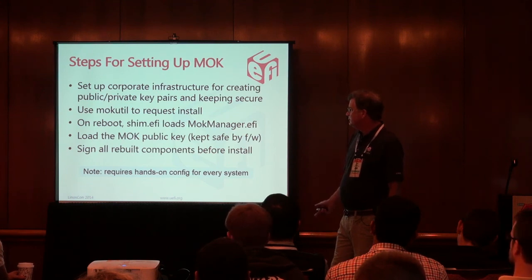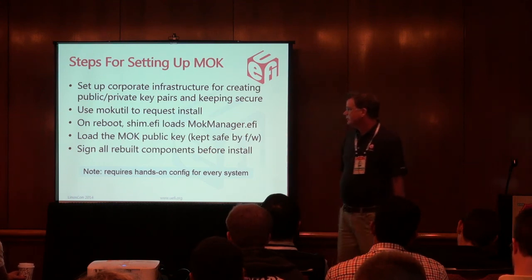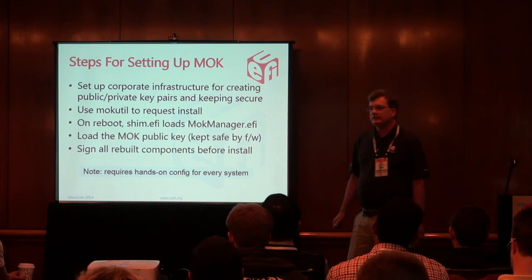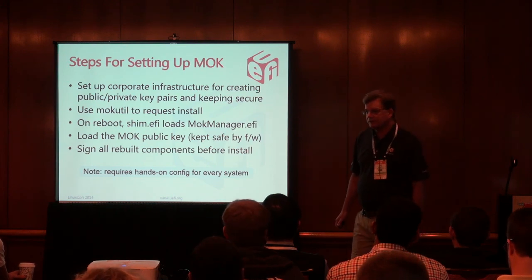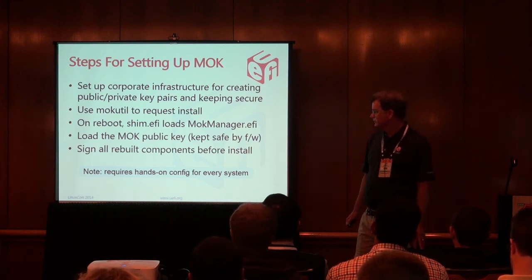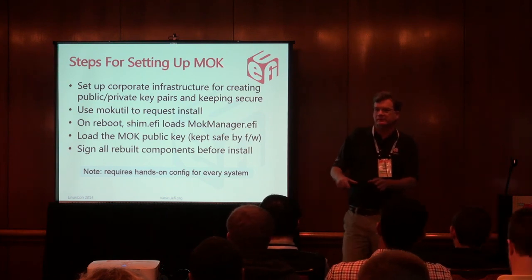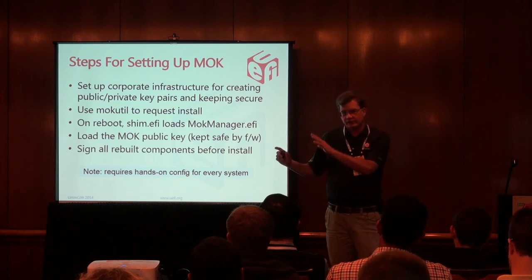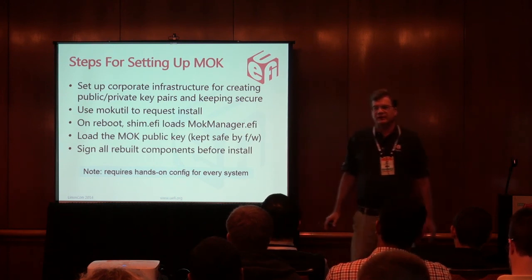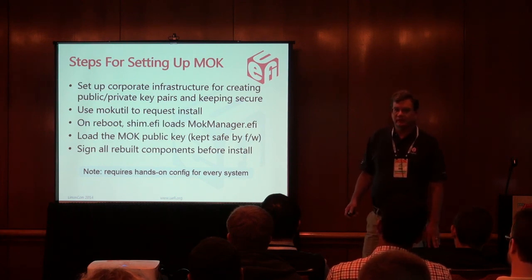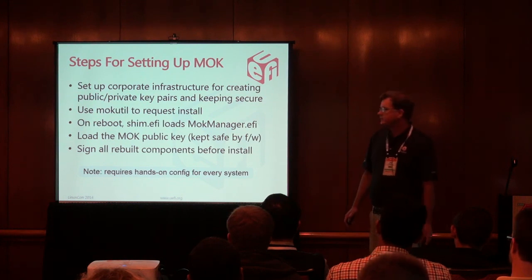Then there's a second piece of functionality called MOK Manager, which will use the UEFI functions to install the requested key. And then in your corporate infrastructure, somewhere you have that private key, which you can then use to sign anything that needs to be rebuilt and is no longer signed by the distribution.